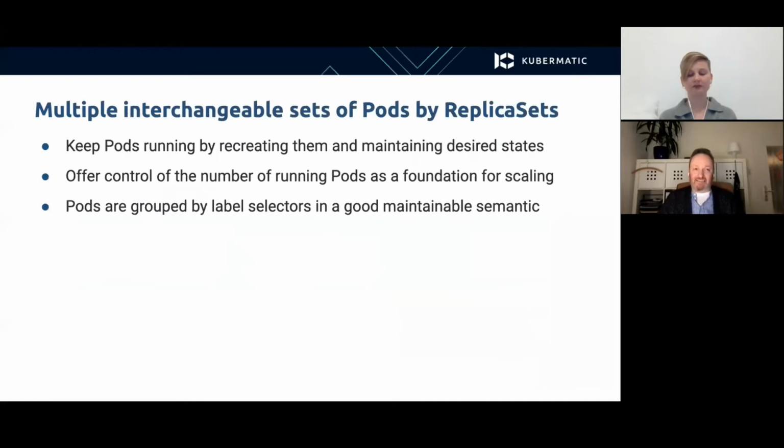So there's also a possibility to have multiple interchangeable sets of pods. This is called ReplicaSets. They keep pods running by recreating them in case they are deleted or they have an internal error and have to be restarted. And they maintain the states as far as not real persistent states.